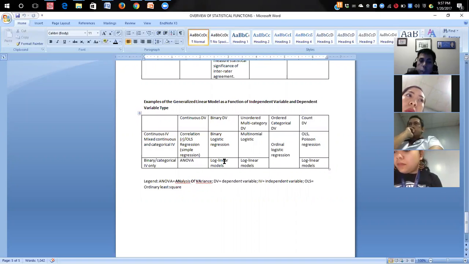This is a transformation, so you transform your data by using the logit function. So these are some of the guides that I'd like you to always remember in choosing your statistics.